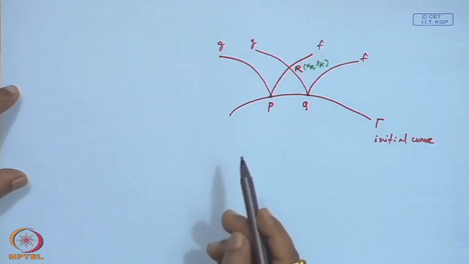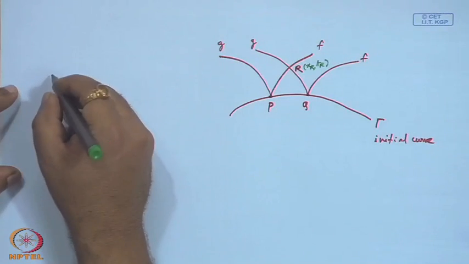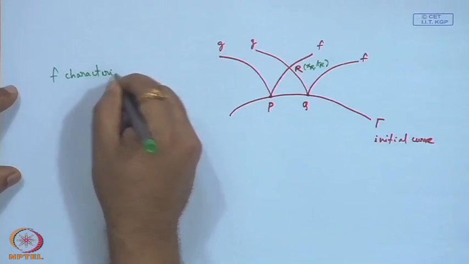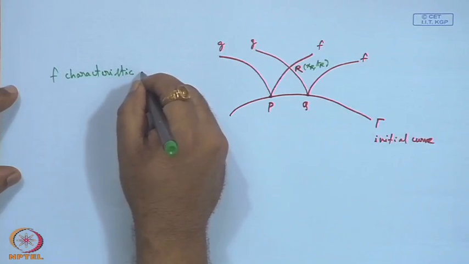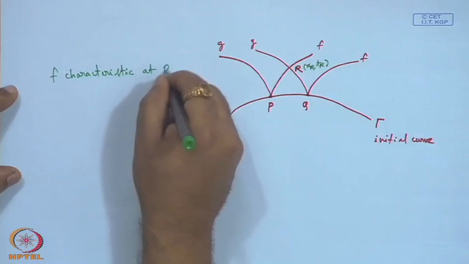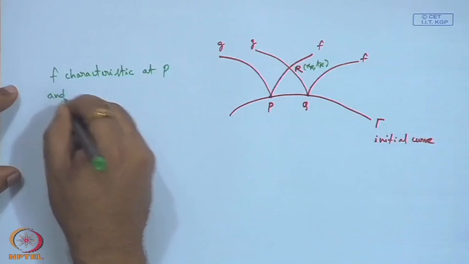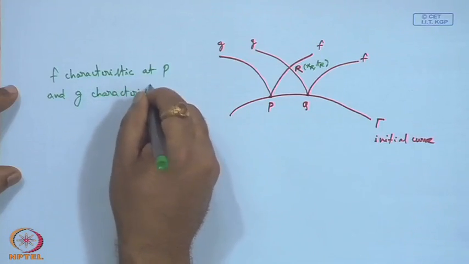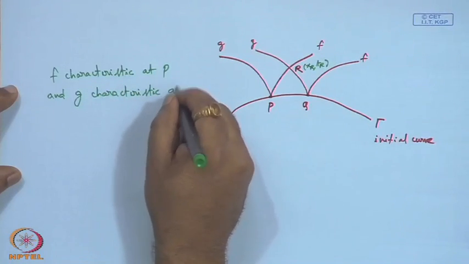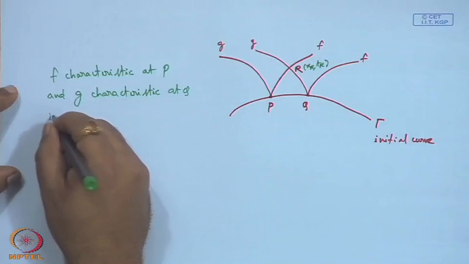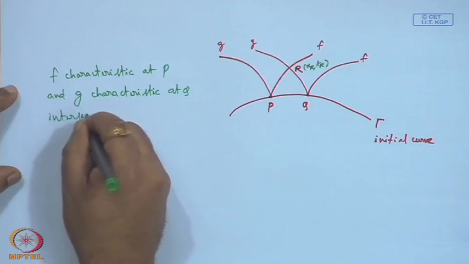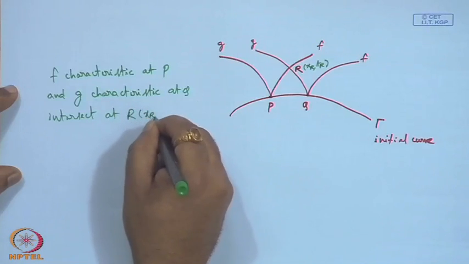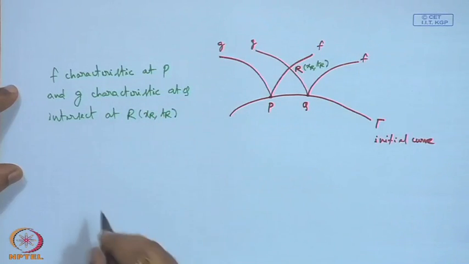So, f characteristic at P and g characteristic at Q intersect at R, which is x r, T r.